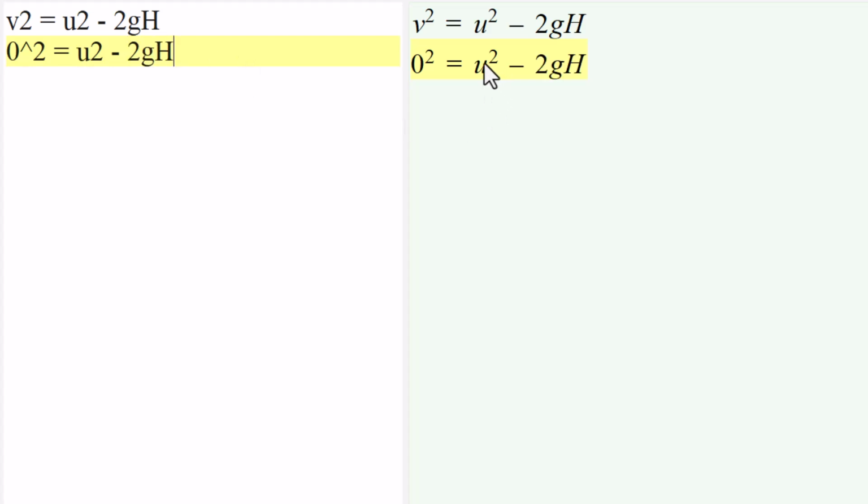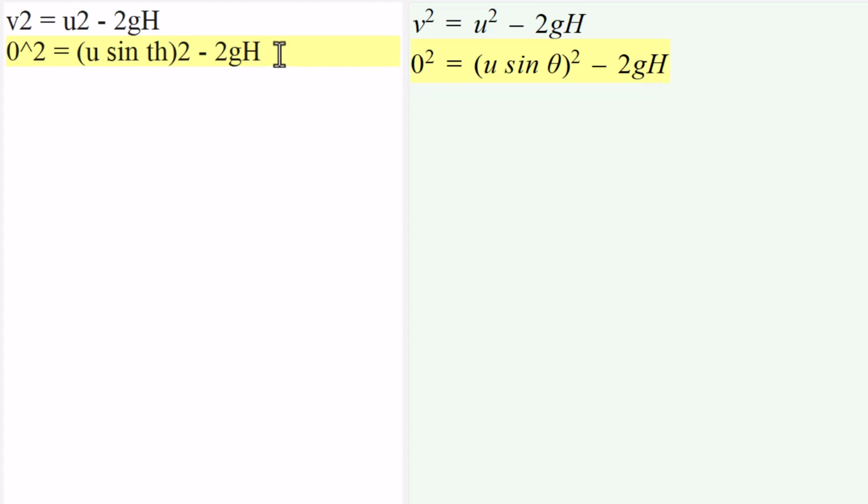Now don't forget this u is the vertical height component, so we are not going to use this u. Let me put it in brackets. We are going to use u sine theta. So this is the u we are going to use, which is u sine theta.